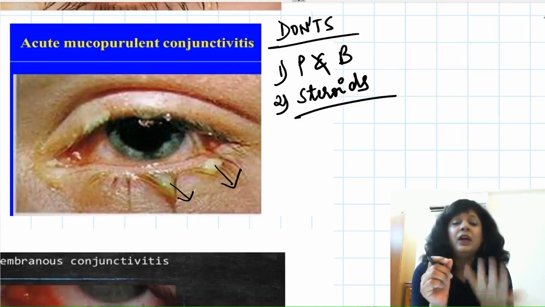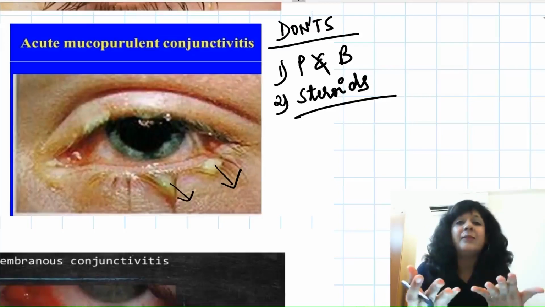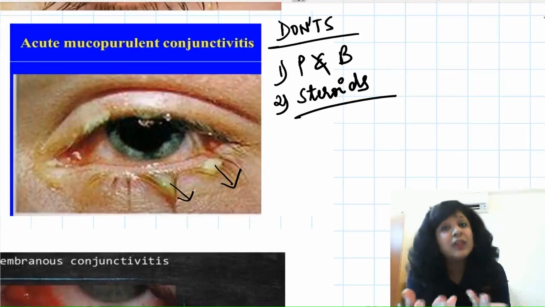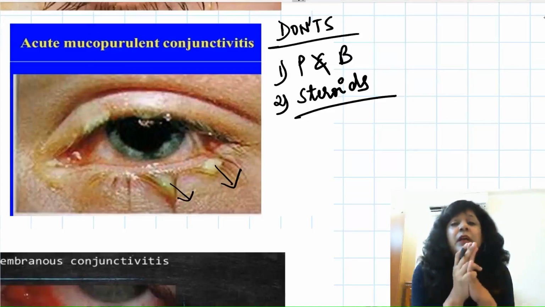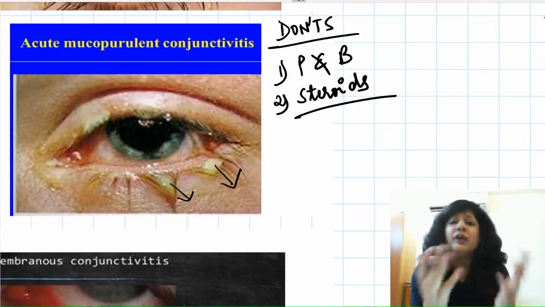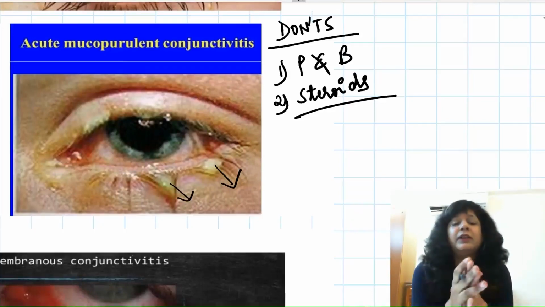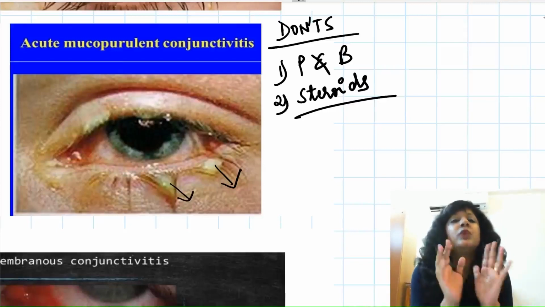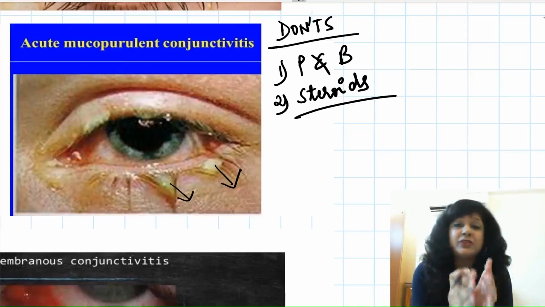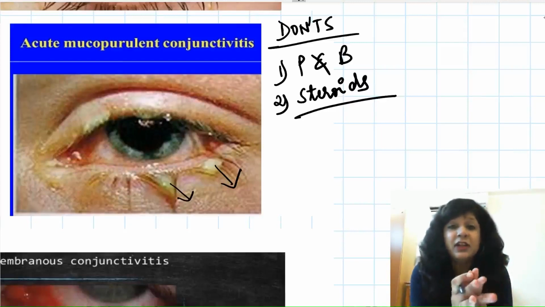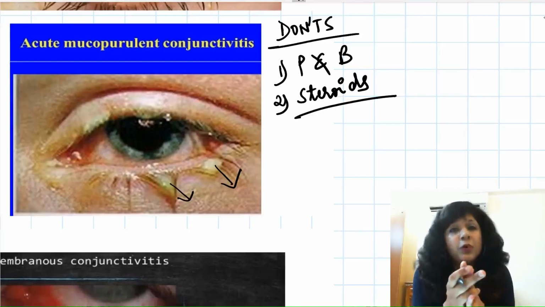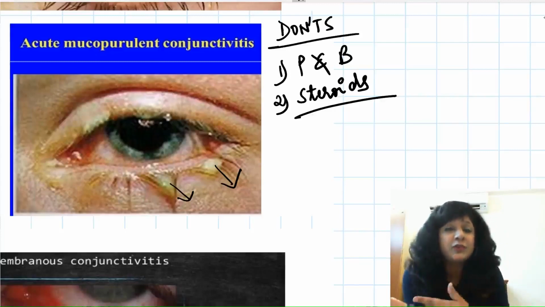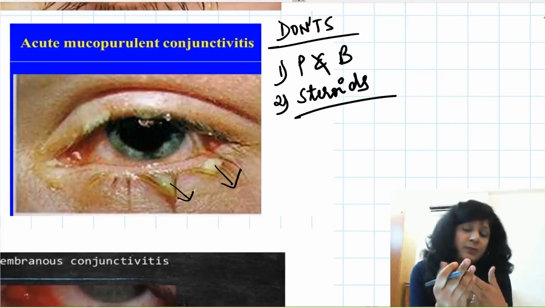You can give an antibiotic, though otherwise we should not give antibiotics either, because resistance soon occurs. But even if you are forced and you have to give, with no other facilities at that time, please don't give anything beyond the antibiotic. Steroids can cause disaster, and even corneal perforation can occur, because you never know how many times the patient is going to instill and how many people they are passing it to. So steroids should not be given.